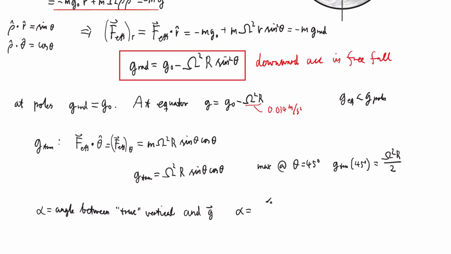Alpha is equal to arctangent of g tangential divided by g radial.